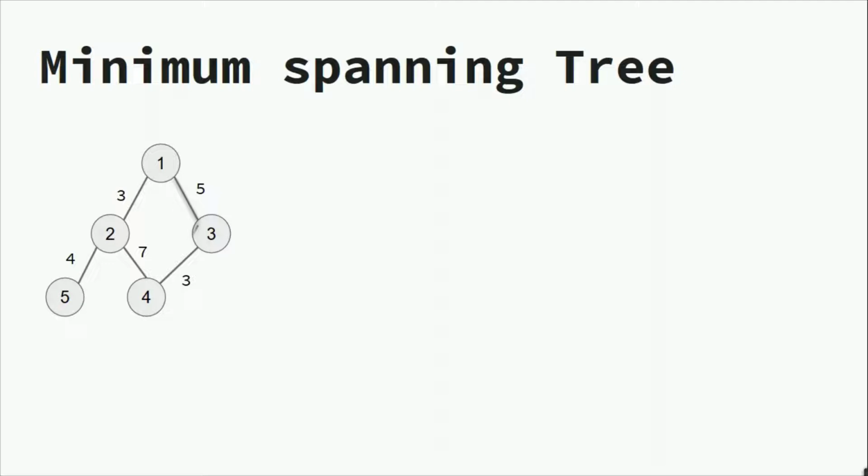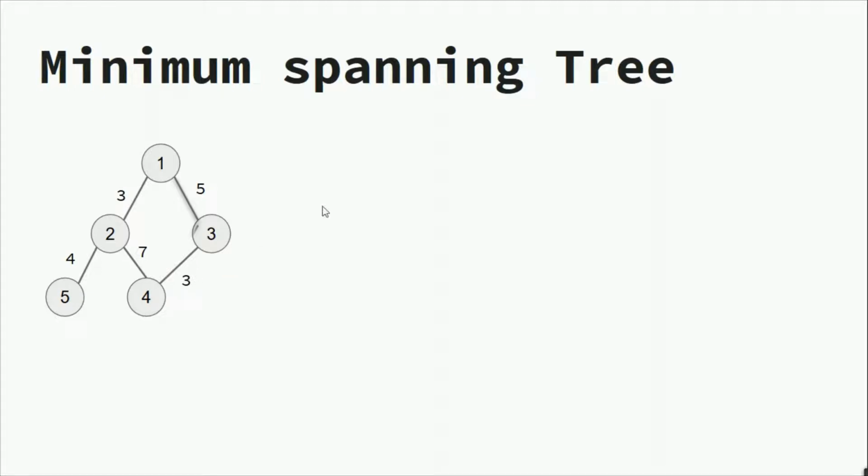A minimum spanning tree is a subgraph of this graph in which there are n-1 edges and the graph is connected. Basically we remove some of the edges if possible to form a tree, and the sum of weights of all the remaining edges must be minimum.